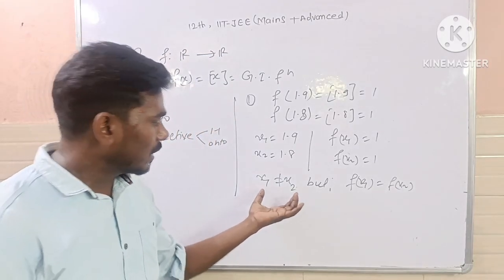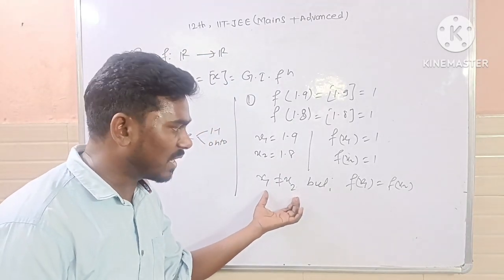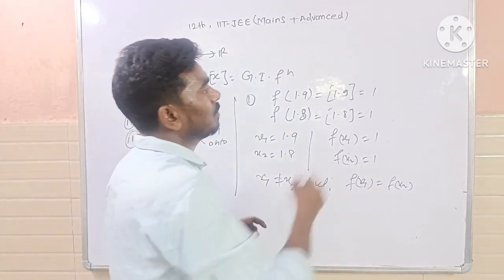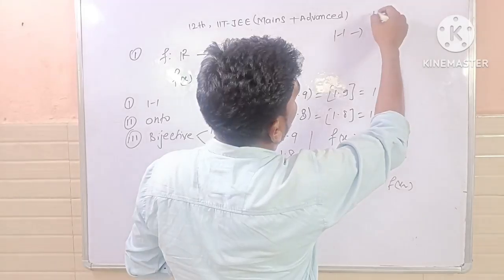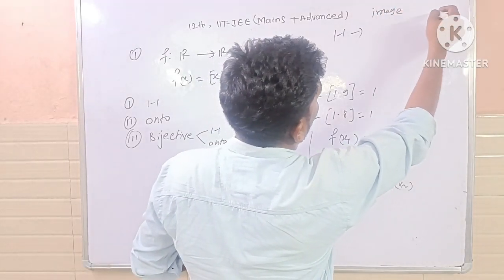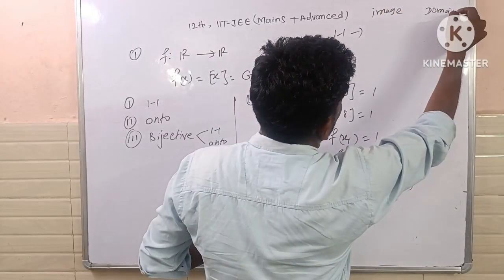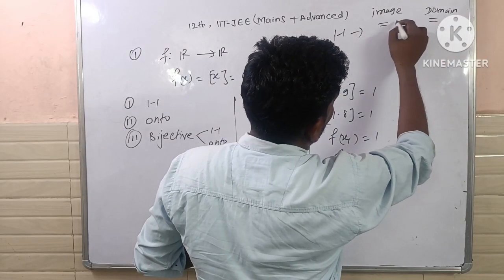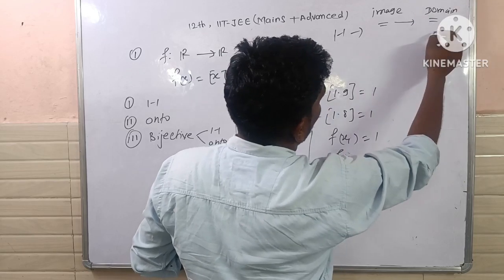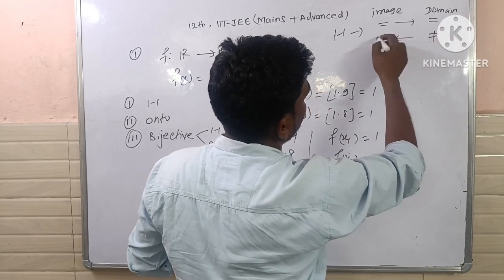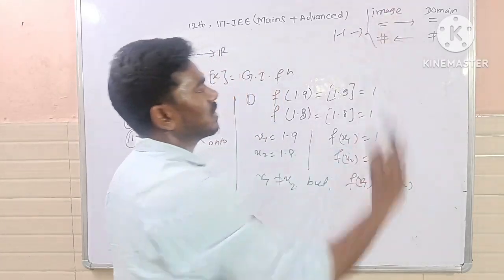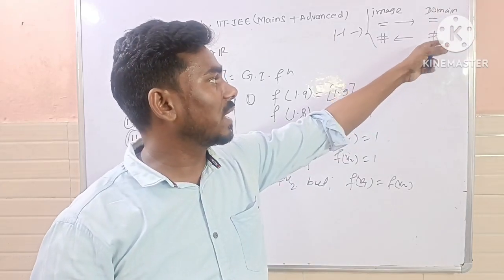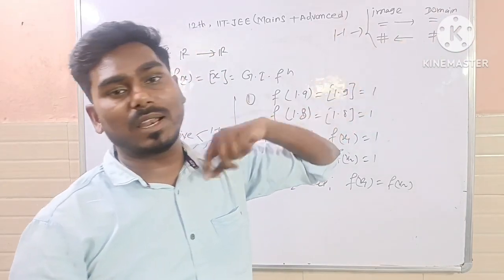Keep this formula in mind: for similar elements we must have similar images, and for different elements in the domain we must have different images.